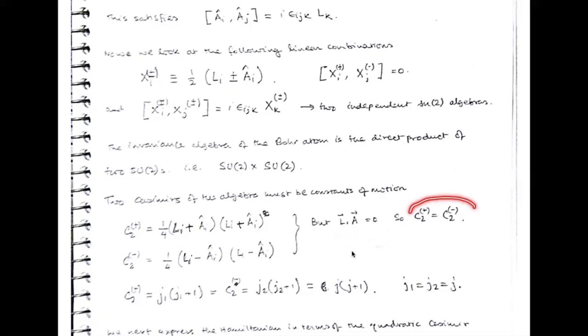So this essentially amounts to C2 plus being equal to C2 minus. So that essentially also means that C2 can, in the usual SU2 way, be written as J1 into J1 plus 1, and C2 minus is written as J2 into J2 plus 1. So this would mean that J1 is equal to J2 equal to J.